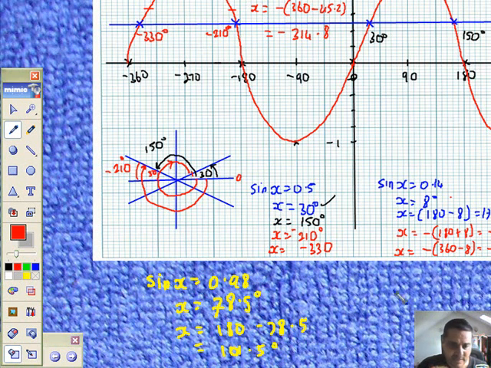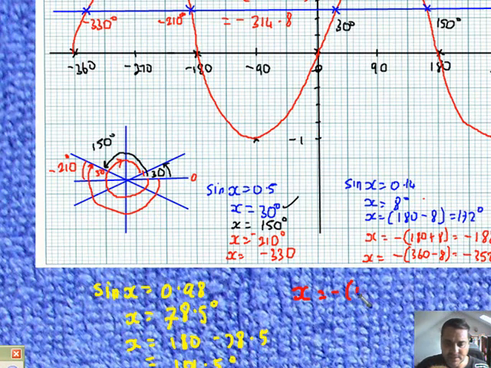Then we'll go red, it lets me. Now the first negative solution goes along here somewhere, so it's going to be the extra 78 degrees after the minus 180. So my negative solution is going to be minus 180 plus the 78.5 degrees. This is so fat, can you even see it? So 180 plus the 78.5.